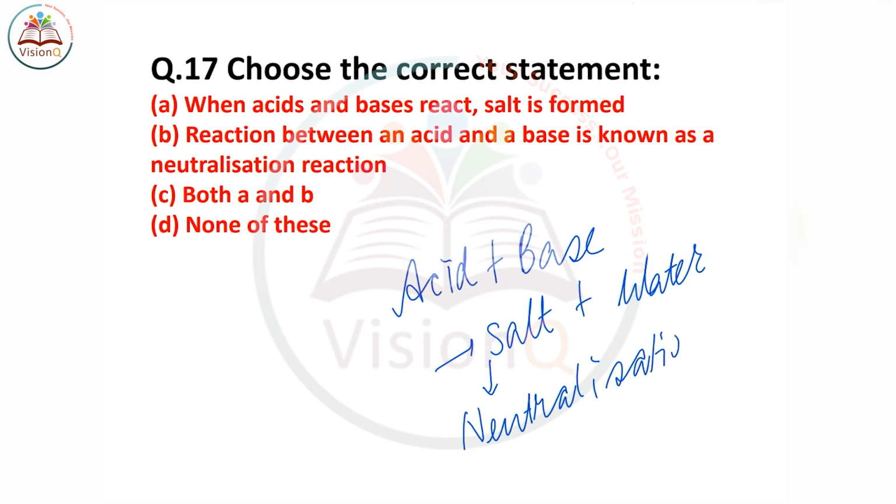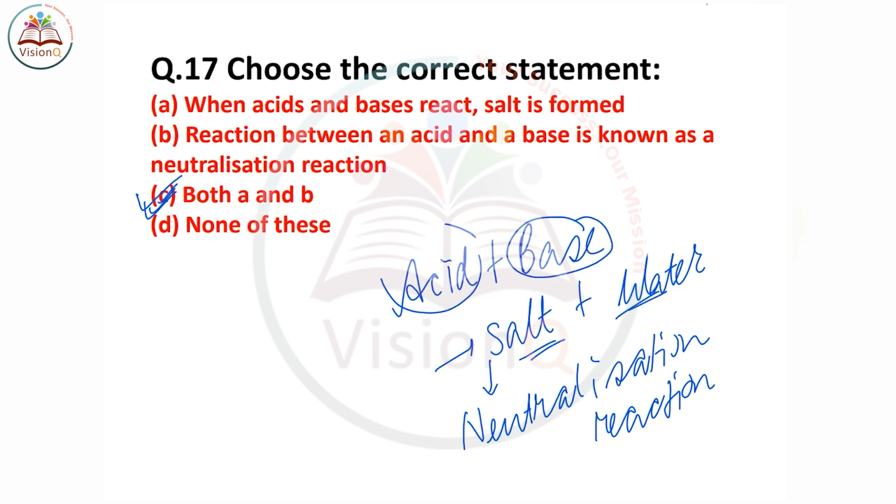Now when an acid and a base react, it gives salt and water, and this reaction is known as neutralisation reaction. Whenever acid and base react, salt is formed, so the first answer is right. Reaction between an acid and a base is known as neutralisation reaction. This is also right. The right answer will be option number C. That means when acid and base react, they neutralize each other to form salt and water.